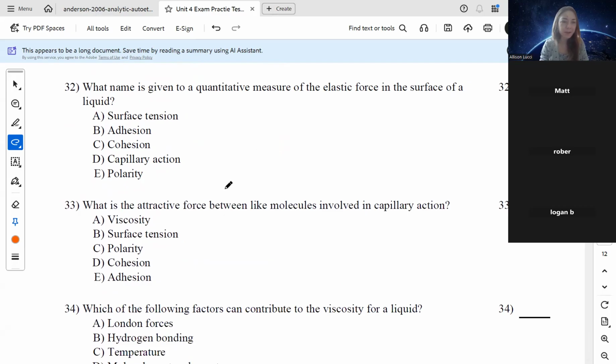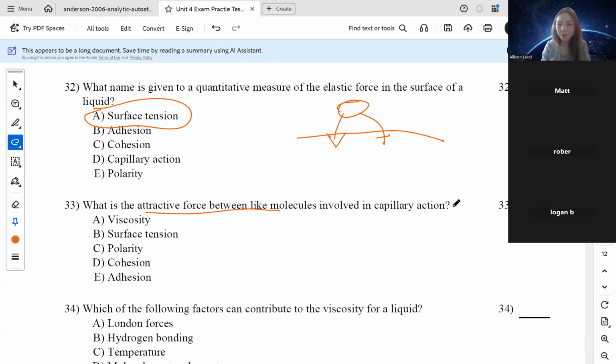These are just definitions here. So while we're here, 32, we're looking at this measure. So here's my surface of water. We're kind of pushing down like we're that bug, that surface skipper bug. So we talked about surface tension being that elastic force in the surface of a liquid.